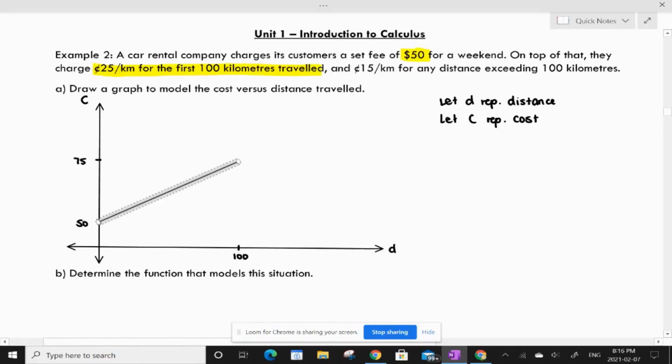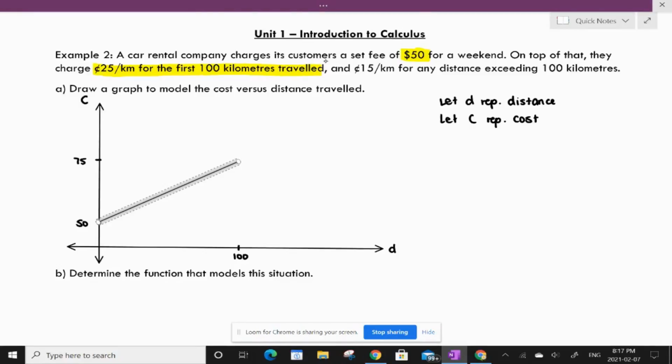And then I know that after 100 kilometers, though, I'm only being charged 15 cents per kilometer. So if you go back to grade 9 and you think about this, these are dealing with slopes. The rate of change here per kilometer is dealing with the slope. So if my first line was 25 cents per kilometer versus 15 cents per kilometer, that means the second portion of my graph should have a flatter slope compared to the first portion.